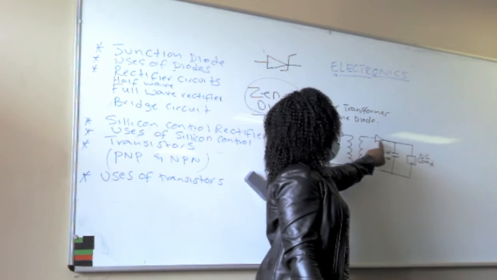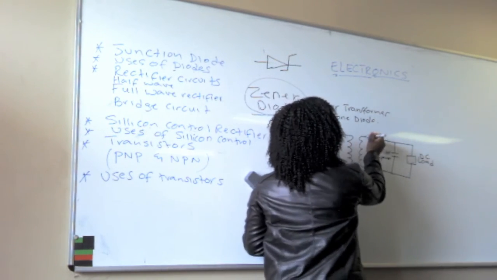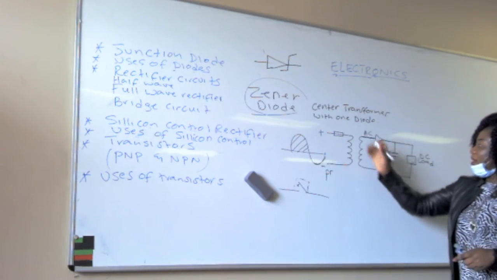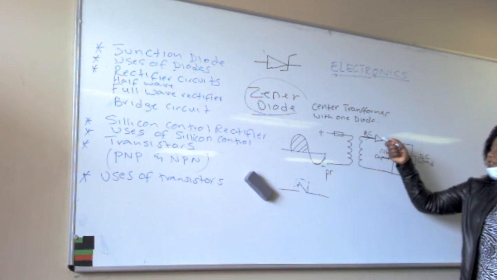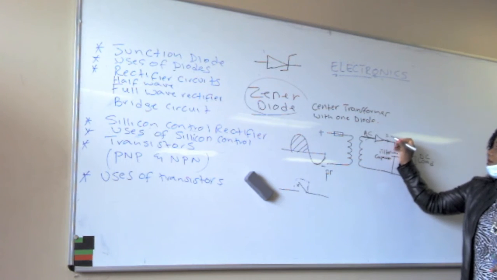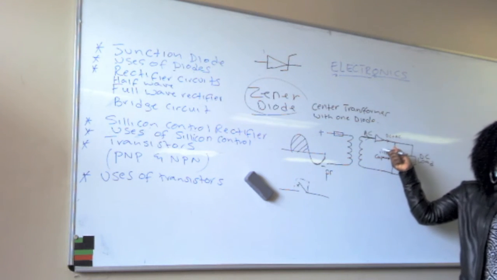Immediately the current crosses the diode, it's changing from AC, because at that point we have AC power after induction. Then when this AC current crosses the diode, it is DC, but there is a little bit of AC, though more of DC is here after the diode.